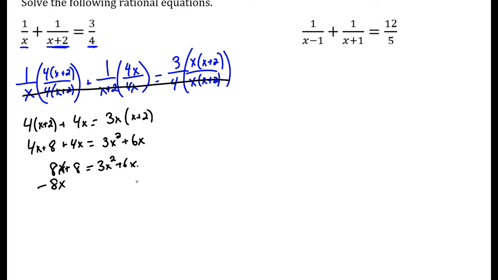I subtract 8x from both sides and 8 from both sides, and get 0 equals 3x squared minus 2x minus 8. Now I have to factor this trinomial, but I have to use the AC method because I have a leading coefficient of 3 that I can't factor out.